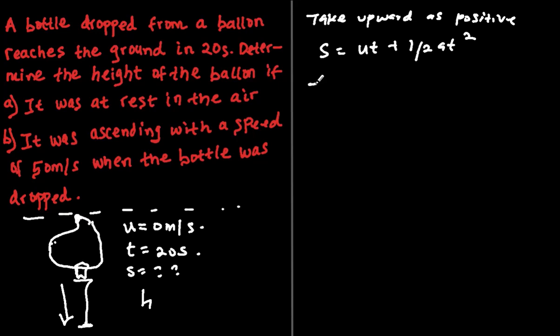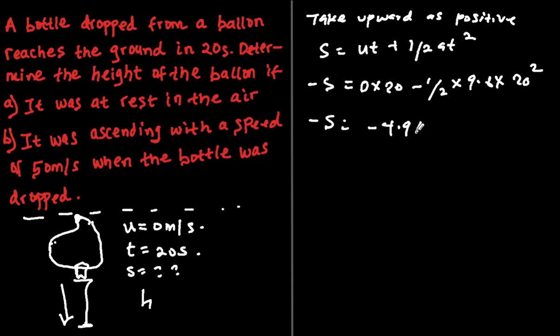So in this case our displacement is going to be negative. So let's say negative s equals, since it dropped from rest, u is going to equal 0. 0 multiplied by the time, which is 20. Now minus, because g is negative, half times 9.8 multiplied by the time, 20 squared. So negative s is going to equal 0 times 20 is 0. Half of 9.8 is 4.9. So we have negative 4.9 times 400.